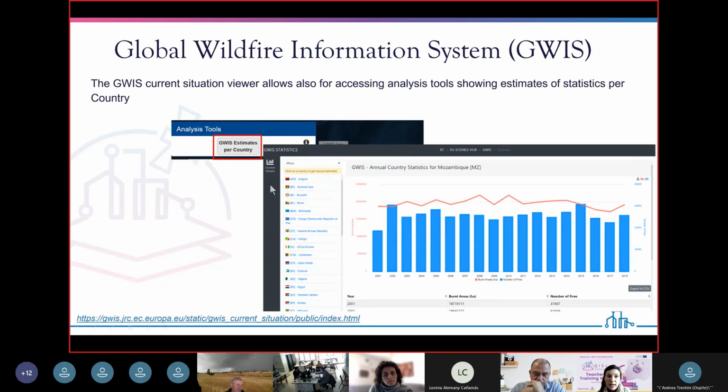Or also in this case for GWIS, you can see for a country over the years how much of the area was burnt. These are automatic computations made over the database, which is, as I said, extracted from the satellite imagery, mainly through automatic processing.